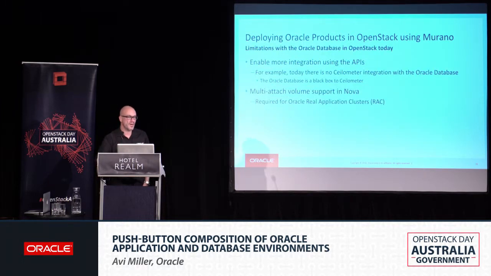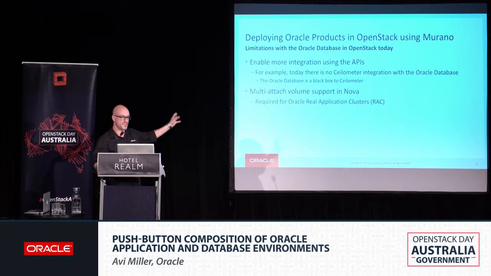Some of the things that we're working on, where our development is focused at the moment. Currently, the database is a black box to Ceilometer, to the monitoring parts of OpenStack. But Oracle Database 12c R2 just introduced a whole bunch of RESTful APIs to access all the management information, analytics and statistics information.